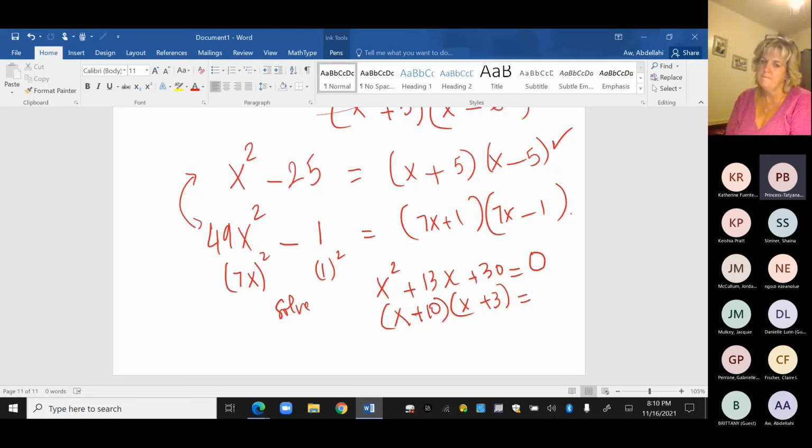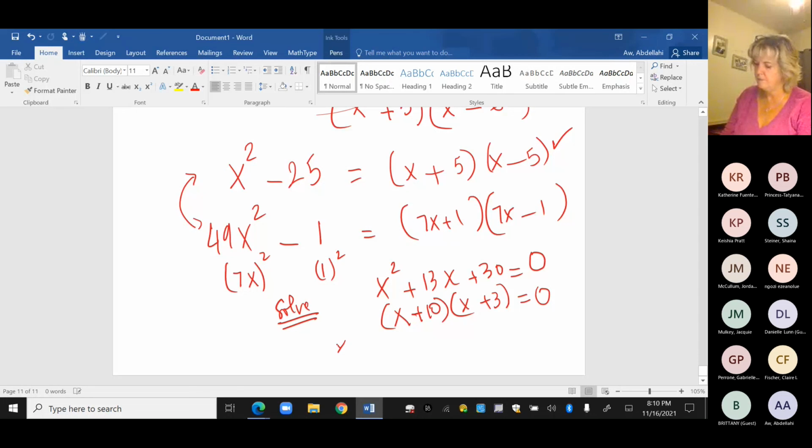So now, in this case, when you say solve, are we done? No, we're not done. Every time we say solve, you have to go all the way until you get x equal. Then you're done. When we say factor, after you factor, you are done. You don't solve afterwards. But when you say solve, you have to keep going.